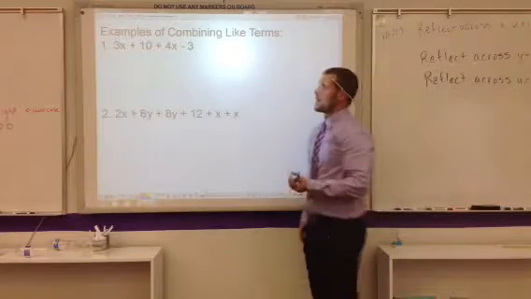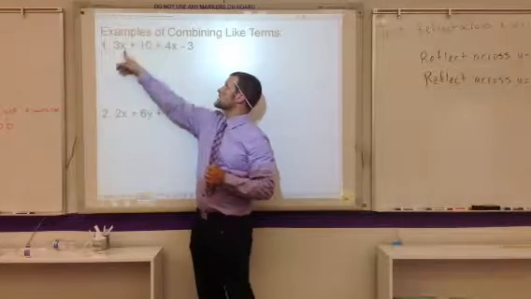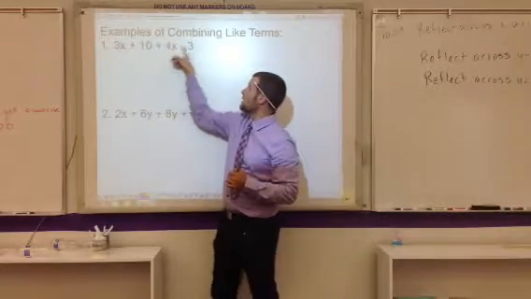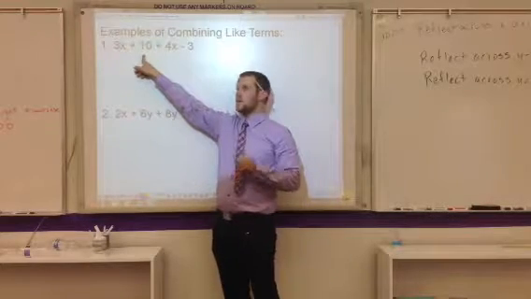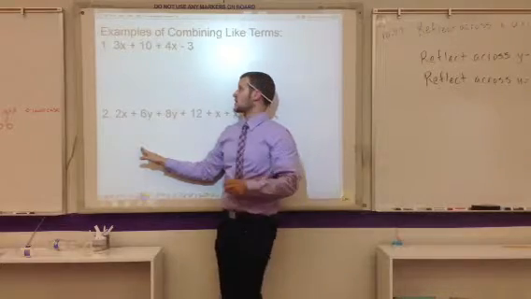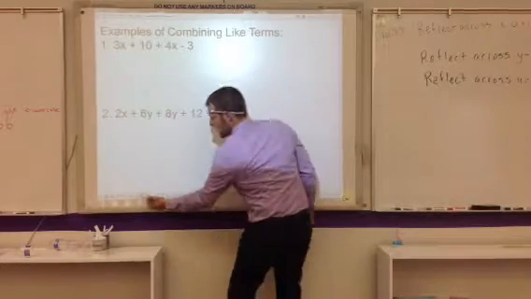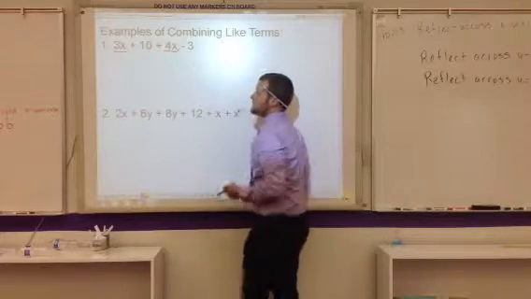In here, I'm going to look for similar things. I could call x's hamburgers and call numbers something else, or I could just move on to math. In this first one, we'll give labels to them, and in the second one, we'll just combine things that are similar. So up here, I'm going to say, there's some x's and there's some x's.